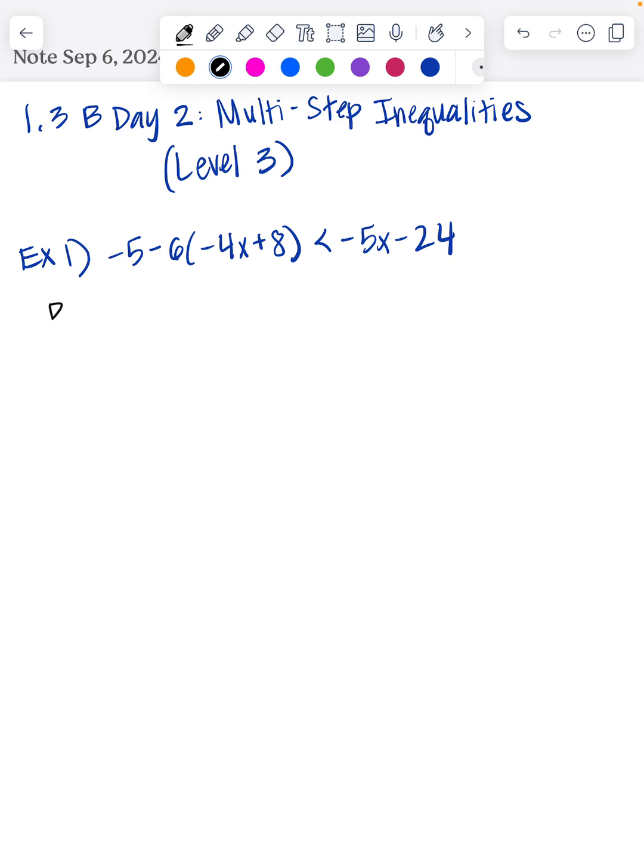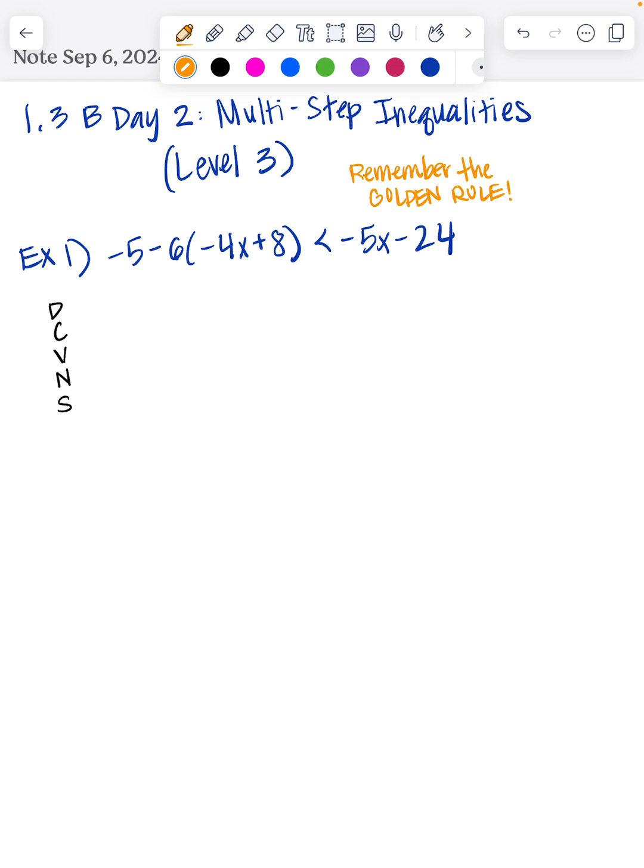So we will distribute, combine like terms, move the variable to one side, move the numbers or the constants to the other side, and then solve. Also, remember the golden rule. And if you don't remember what that is, go back to yesterday's notes.